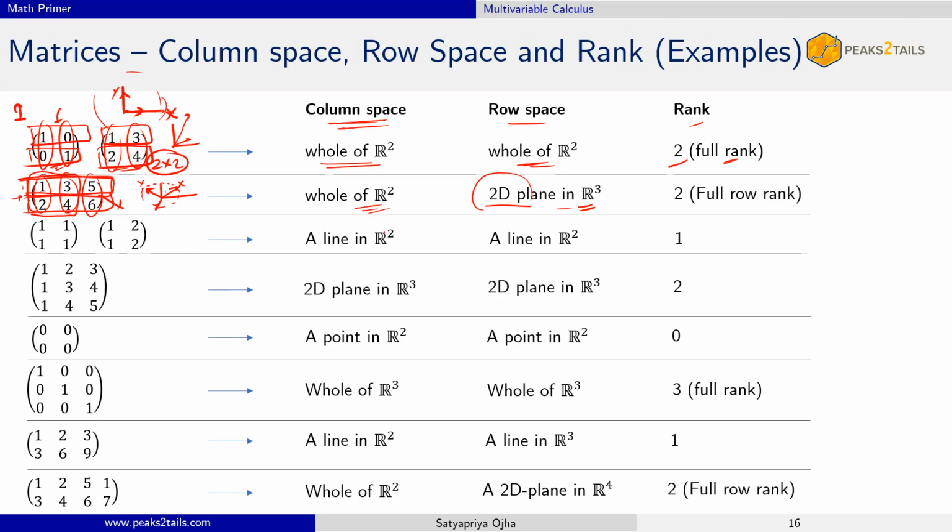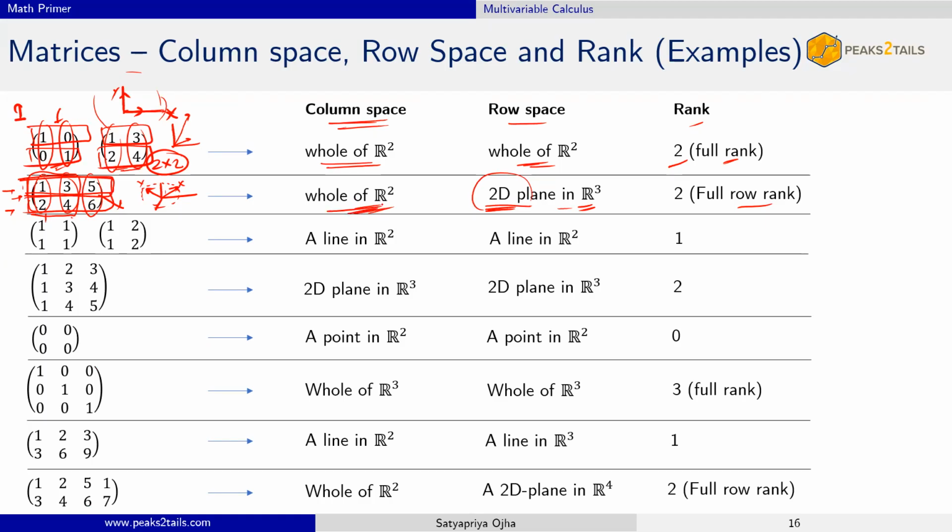Now, if you talk about the rank of the matrix, this is a little complicated because it's a rectangular matrix with two rows. You can span a maximum of a 2D plane, and that is what we are doing. So it is a full row rank. But with three columns, ideally you should be describing a 3D space, R cube, but you're not doing that. You're only describing R square.